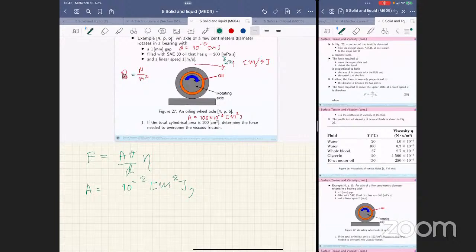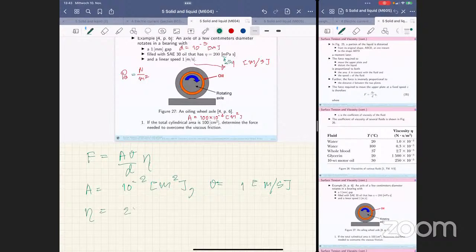Velocity is, the speed is 1 meter per second. Okay, simply number 1. And the next thing is eta, right? Eta is what they have provided, which is 200 millipascal second.